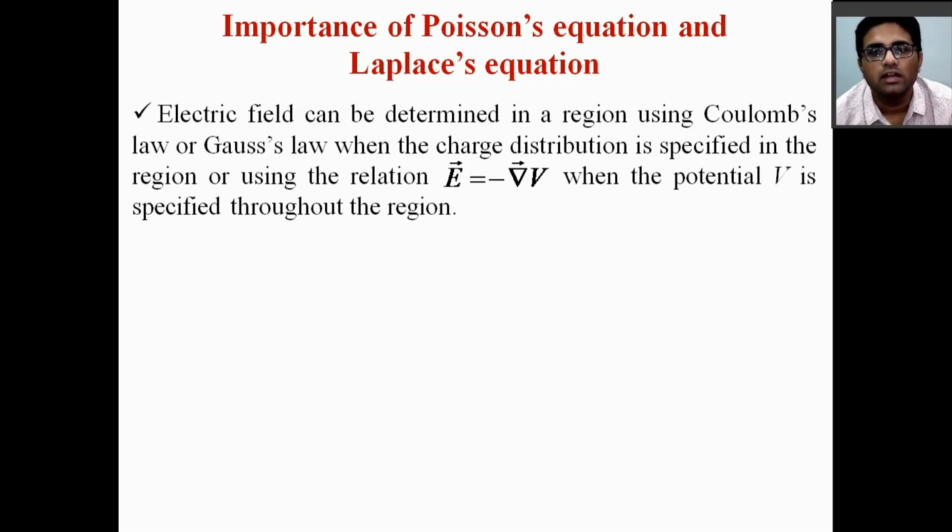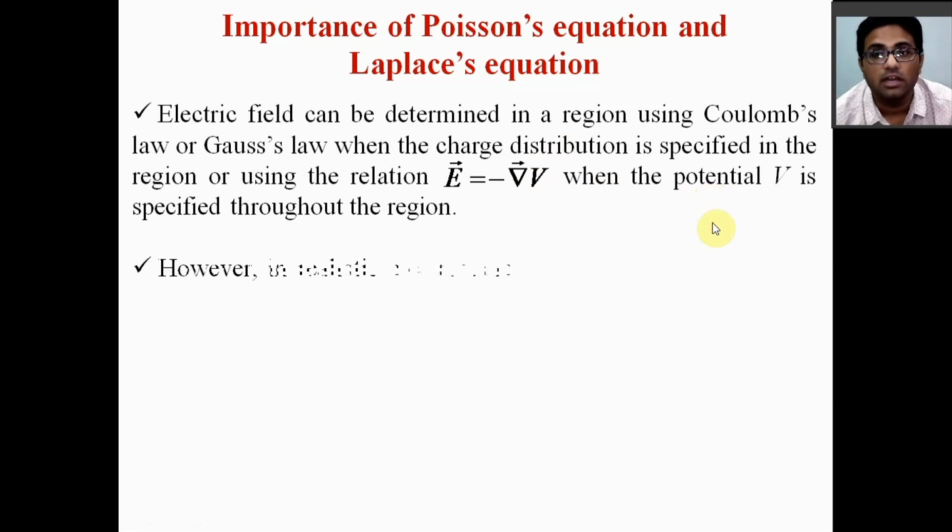Now you know that using Coulomb's law or Gauss's law, the electric field can be determined when the charge distribution is specified. One can also use this formula to find the electric field when the electric potential is specified throughout the region.